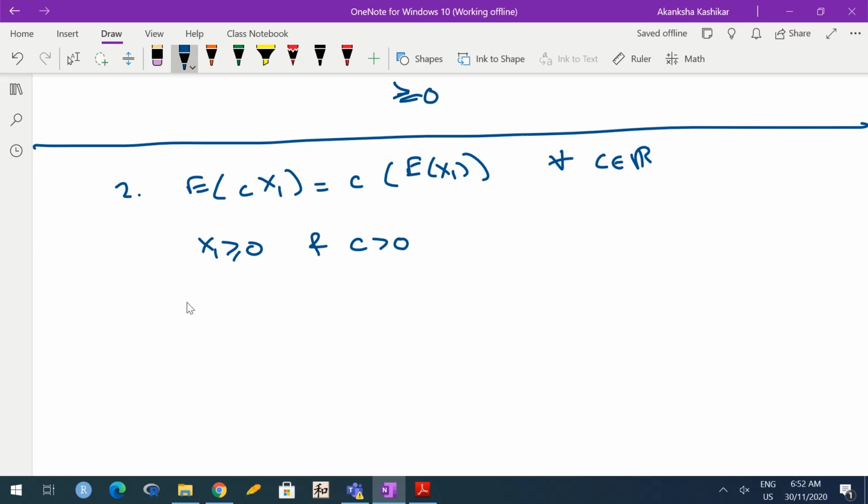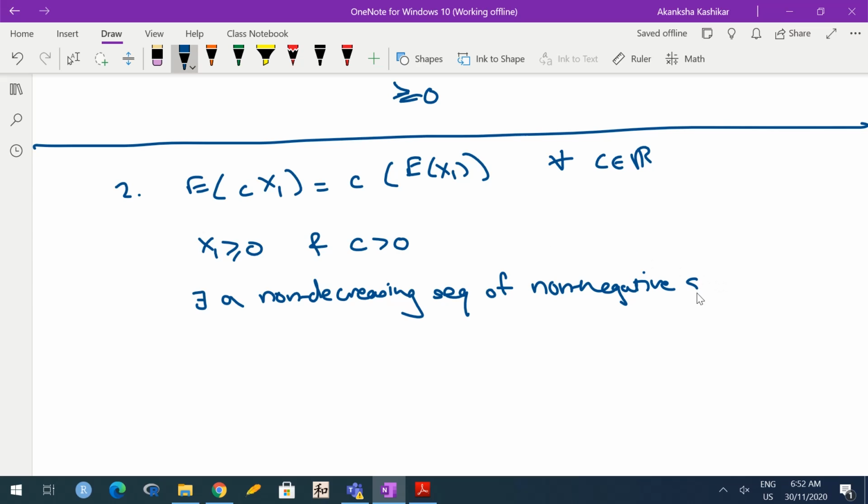Then, since x1 is greater than or equal to 0, there exists a non-decreasing sequence of non-negative simple random variables x1n such that x1n converges to x1.